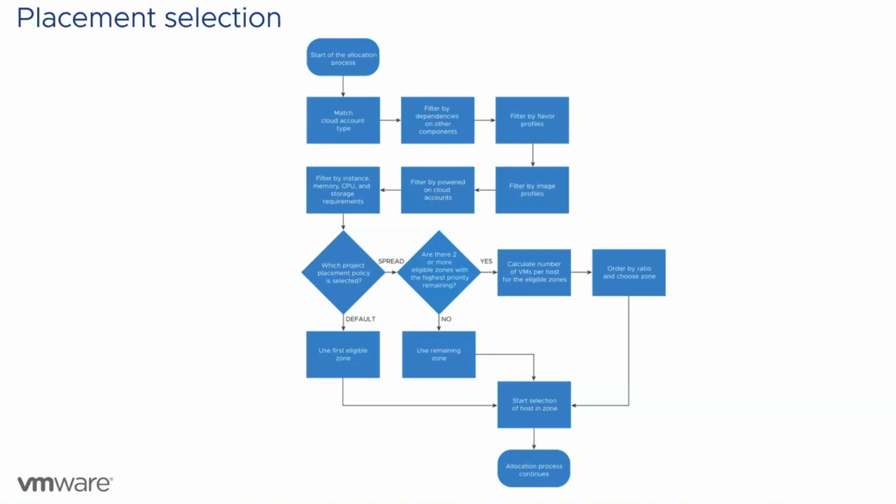So it comes to project placement selection, whether it's spread or the default one. If it's the default one, then start selection in zone. Otherwise, it just uses the remaining zones, and then it calculates the number of VMs per host, orders by the ratio, and then finally the allocation process continues.